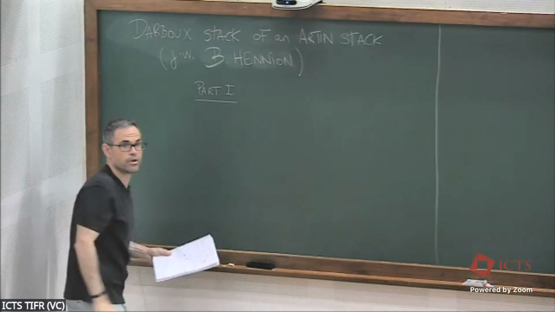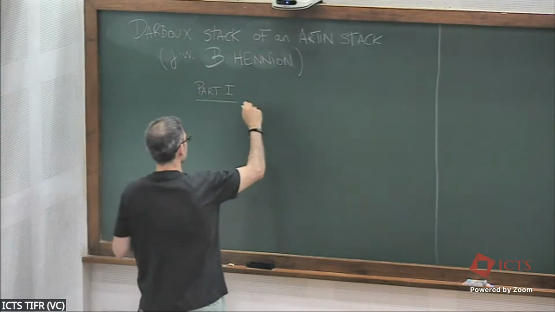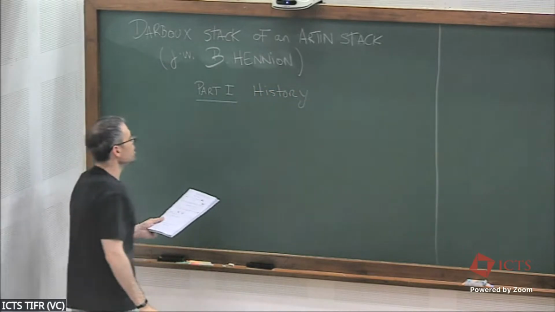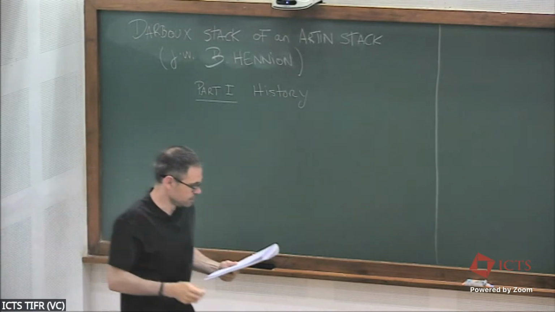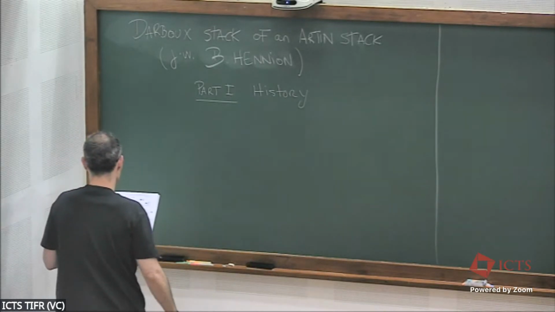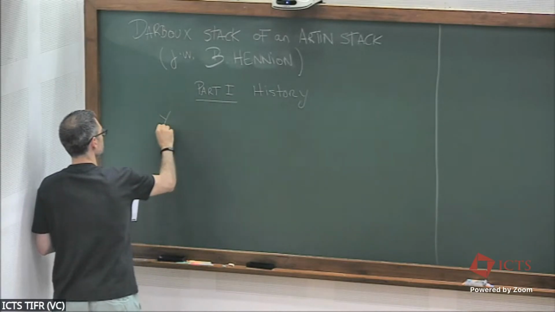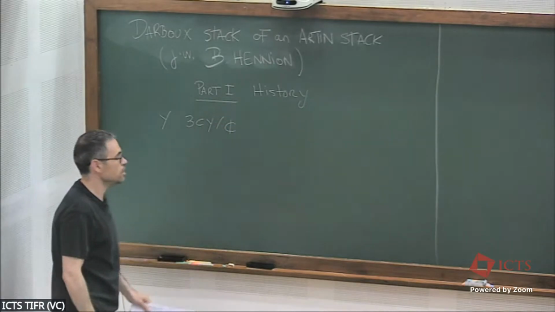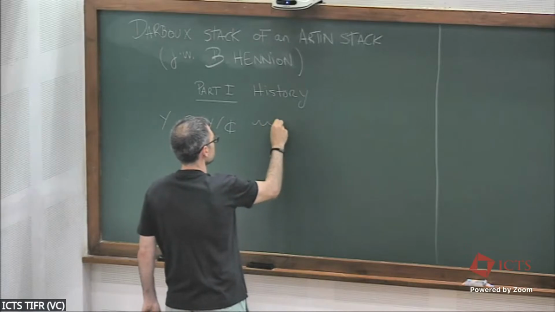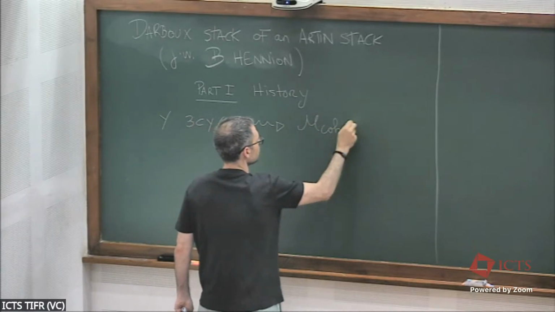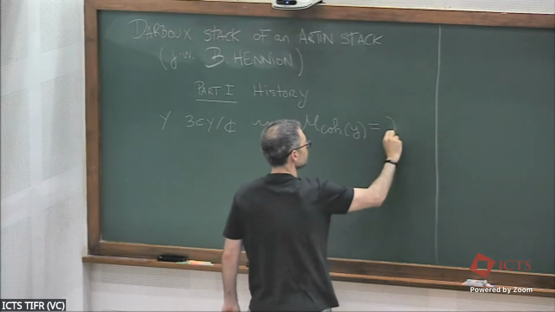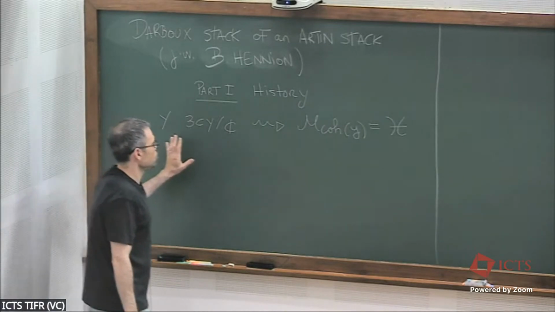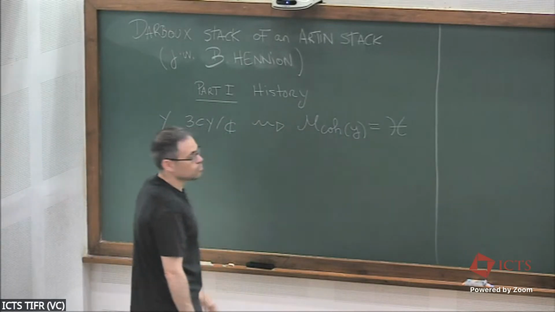Maybe some people in this room already saw this talk many times, so I will repeat the history. For what I want to explain today, the story starts by fixing a Calabi-Yau threefold Y over C. The goal is to study the moduli of coherent sheaves on Y, which I will simply denote by curly X. This story goes back a long time in enumerative geometry.